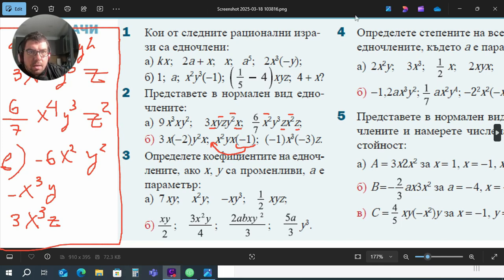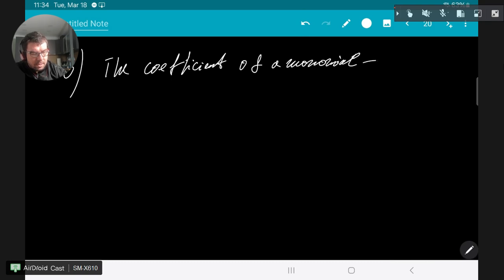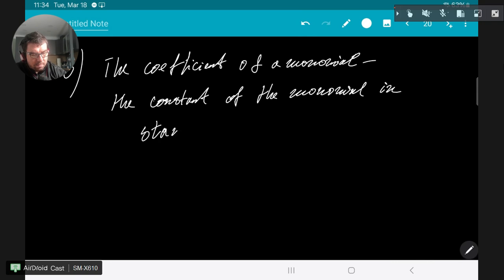Okay, these are my standard forms for this exercise. All right, the coefficient of a monomial is the constant of the monomial in standard form.